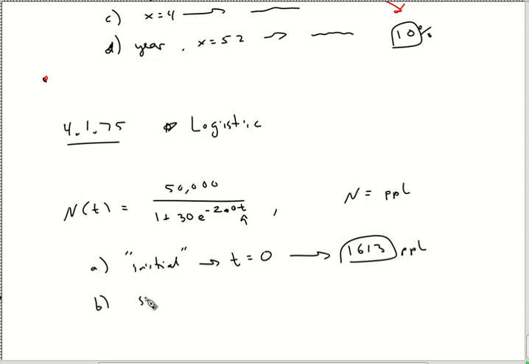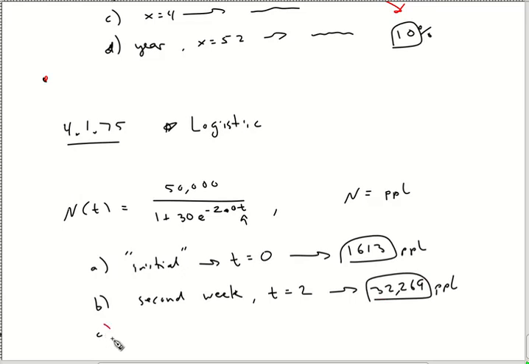They said second week. And I'm guessing that t is in weeks because that's what I just did. t equals 2. I plug it in. I mean, this is all just plug-it-in kind of problems. 32,269. Again, people.